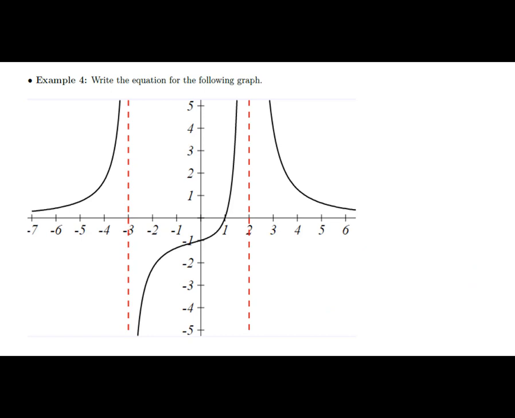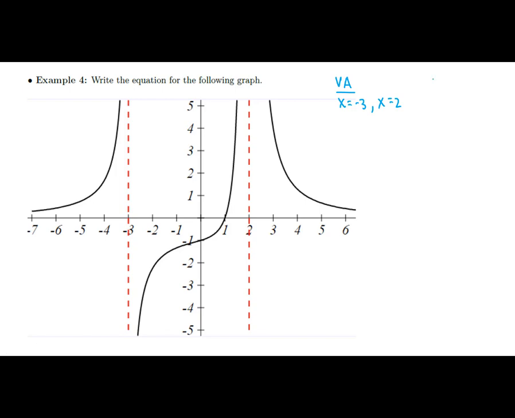All right, so our last example here is going to really just kind of turn this around a little bit. Here I'm going to be given a graph and asked to come up with the function that it has to go with. On the one hand, we can right away identify important features, right? Vertical asymptotes are at x equals negative 3 and x equals 2.